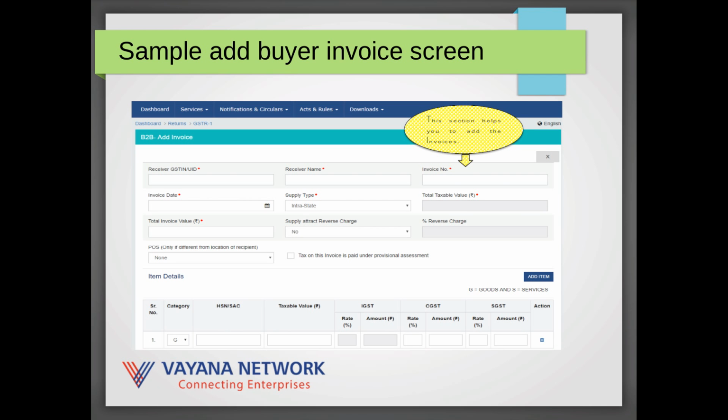Similarly, a buyer may actually choose to add an invoice here, which the seller may have accidentally overlooked, and that's important for buyers to do because they don't want to accidentally lose out on any input tax credits if the seller overlooked uploading a particular invoice.